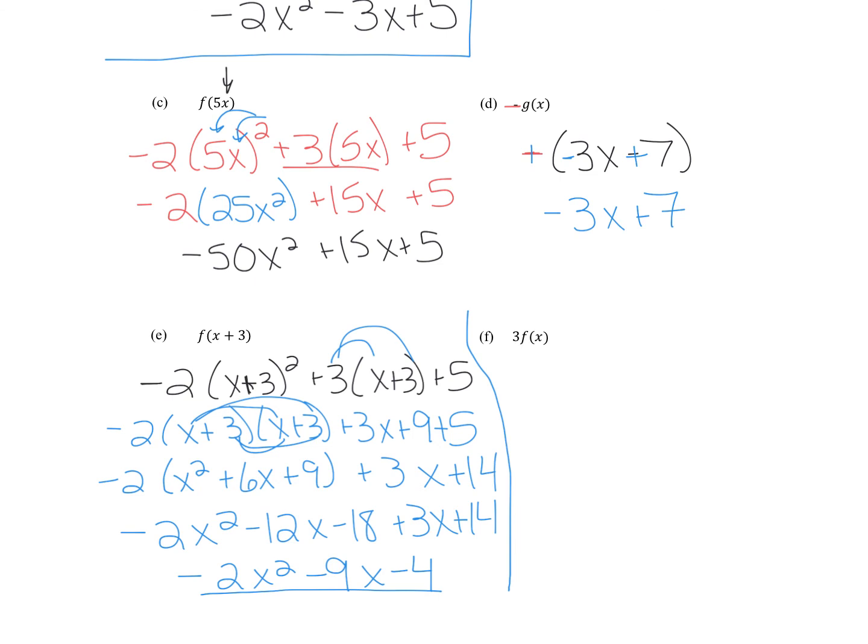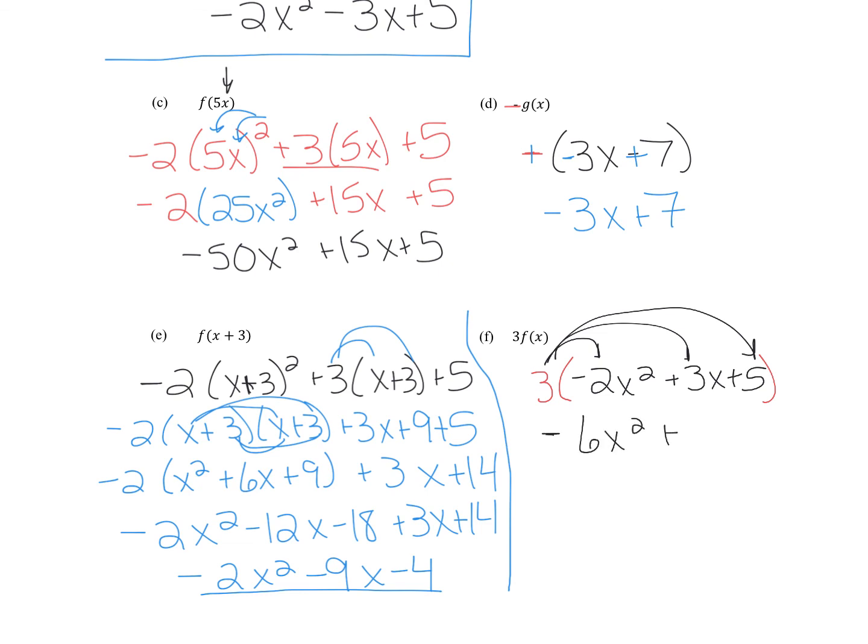We are doing 3 times f of x, which is -2x squared plus 3x plus 5. Then we distribute because it's just a single term times a trinomial, so -6x squared plus 9x plus 15 is the final answer for that one.